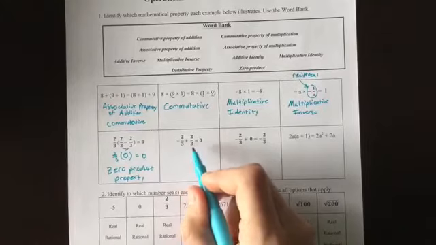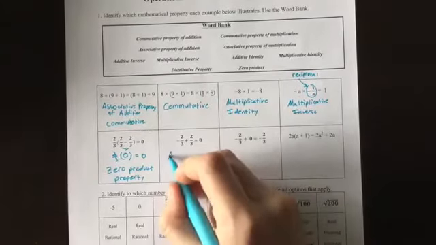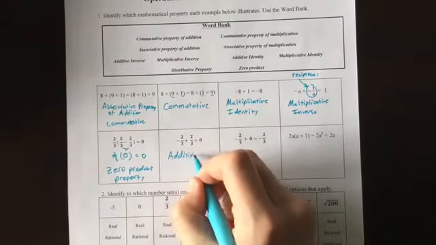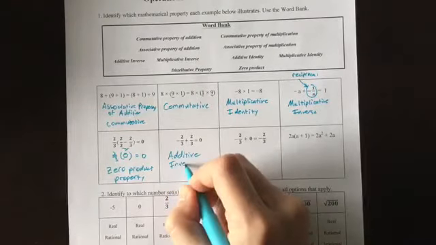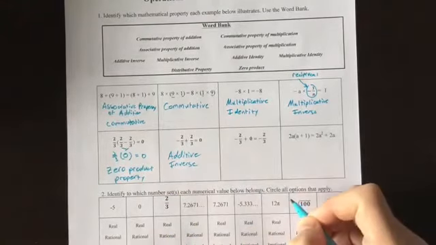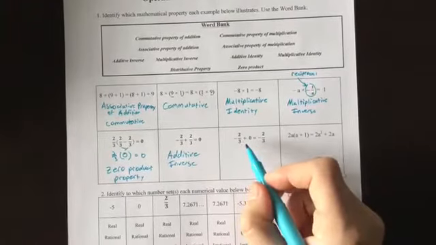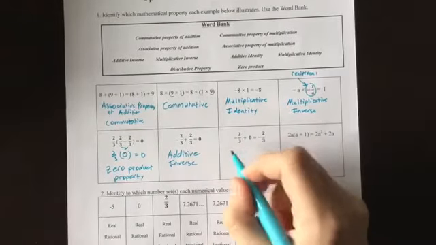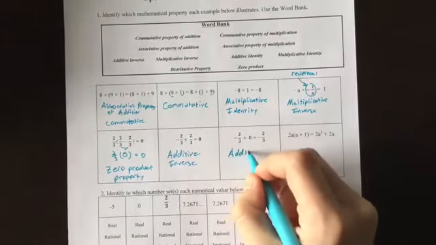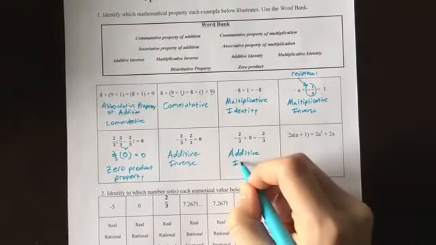Negative 2/3 plus 2/3 equals 0. That's our additive inverse. Okay. Negative 2/3 plus 0 equals negative 2/3. That'll be our additive identity.